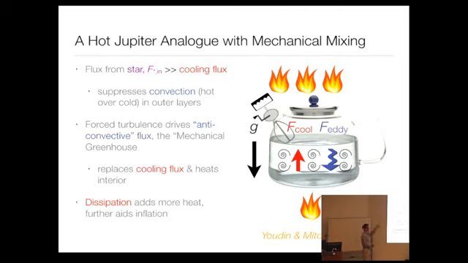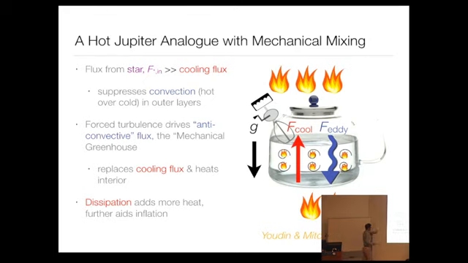Instead of the eddies transporting heat outwards, this turbulence that we force in the radiative layers forces heat downward into the interior of the envelope. If that mixing is intense enough, it offers the possibility that the amount of heat in the interior can actually be increased over long enough times, and then eventually the planet would come into equilibrium at a new inflated state.